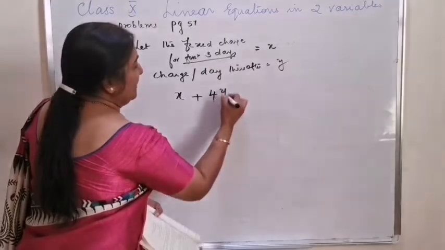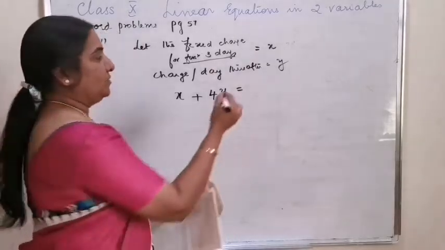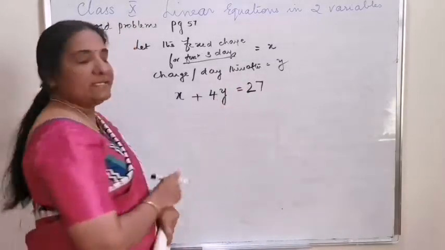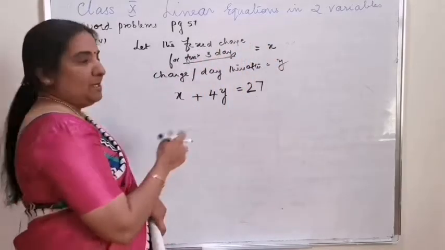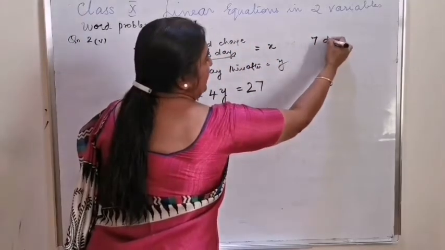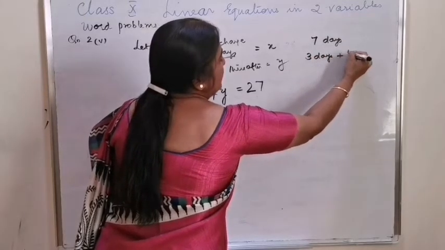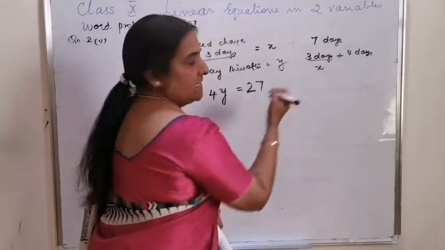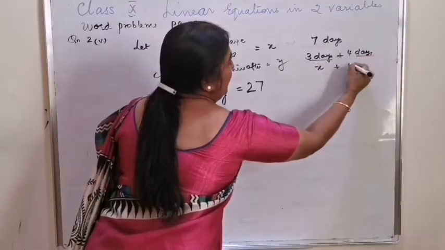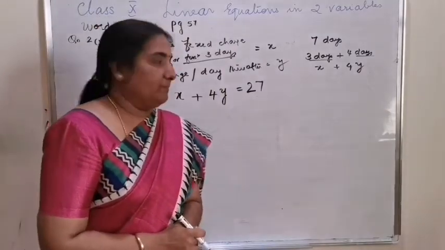That is, for the remaining 4 days, she has to give Y rupees and the total amount is 27. First 3 days, X rupees. So, total 7 days means it is 3 days plus the remaining 4 days. The 3 days is X and for 1 day Y. So, the 4 days it will be 4Y.